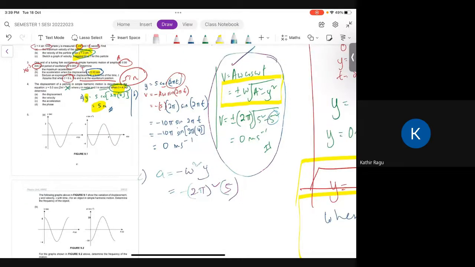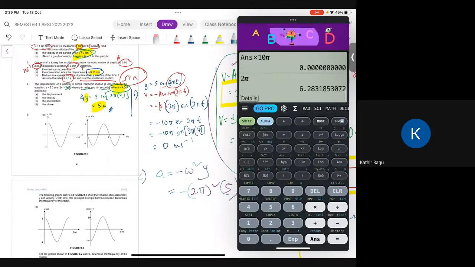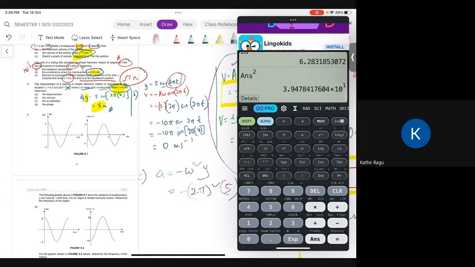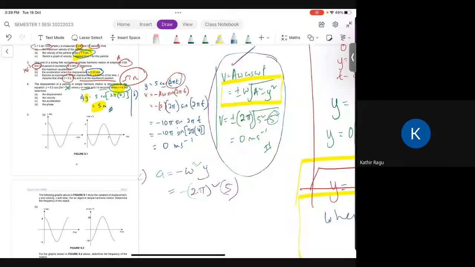Okay, this one you akan dapat 2 pi sama dengan square ya. Jangan buat 2 pi square. Kita nak 2 pi tutup bracket square, darab dengan 5. So the answer is 197.39 lah.